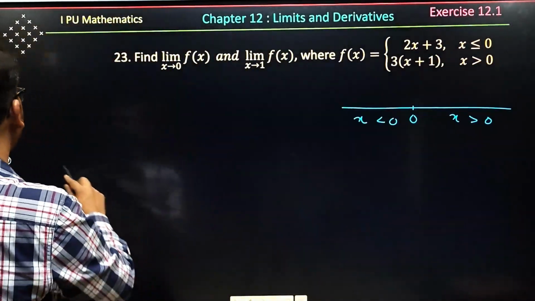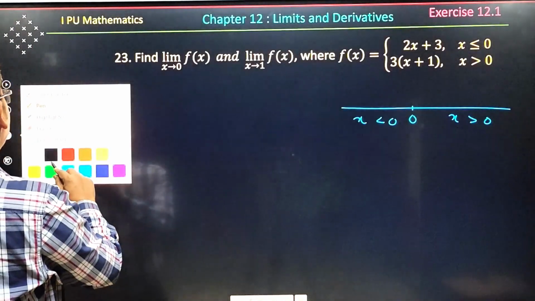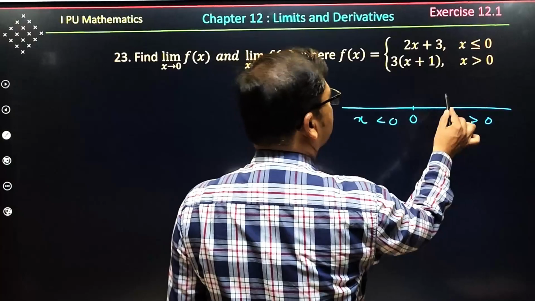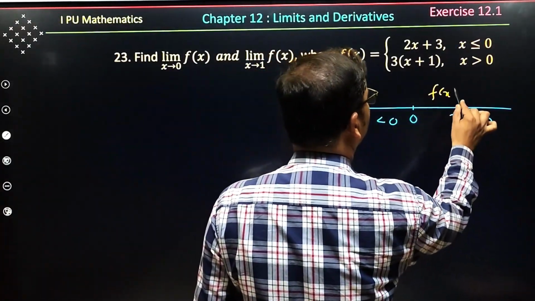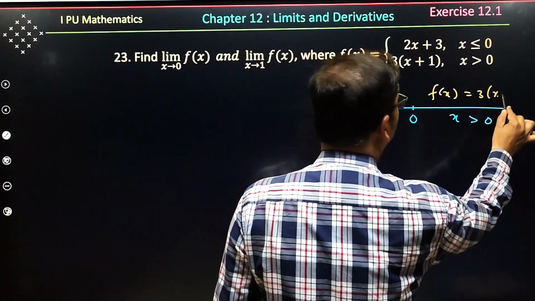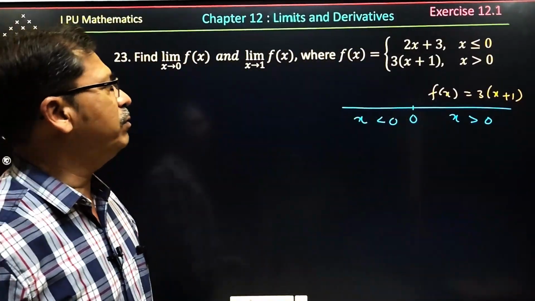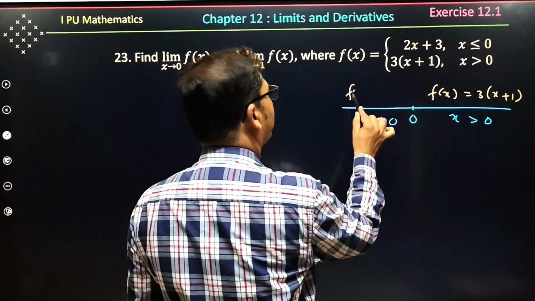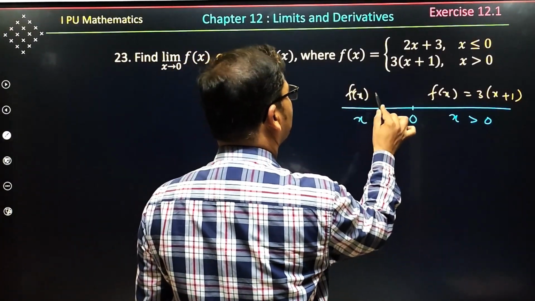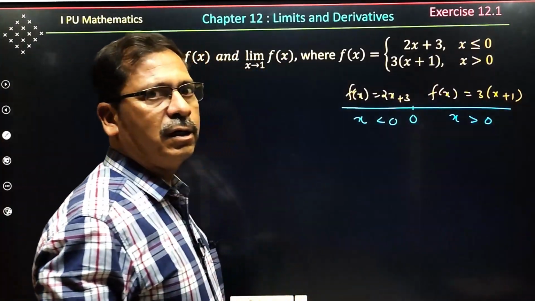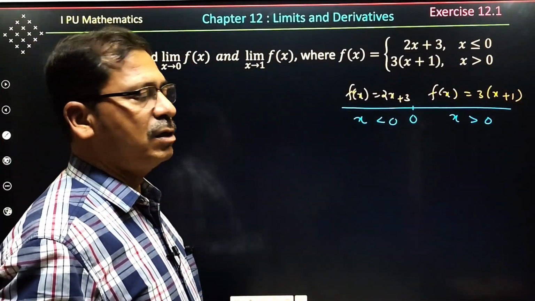When x is greater than 0, the function is defined by f(x) equals 3 into bracket x plus 1. When x is less than 0, the function is defined by f(x) equals 2x plus 3. So this is the sense of understanding the given data.